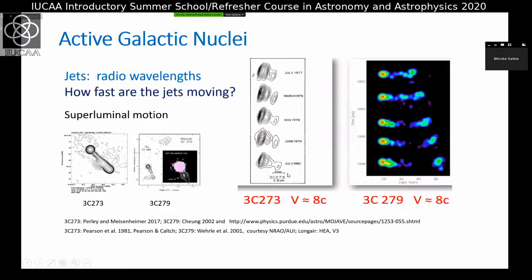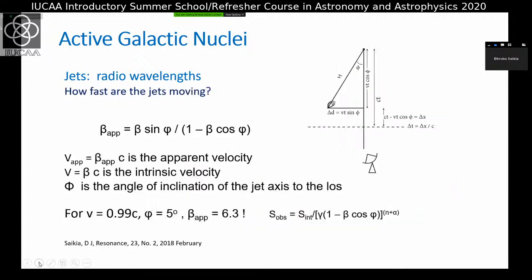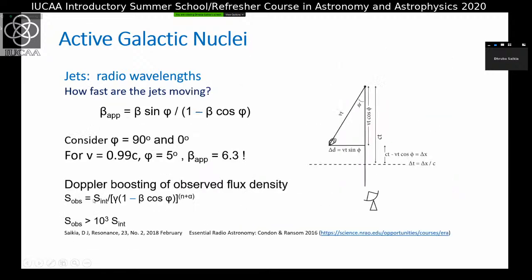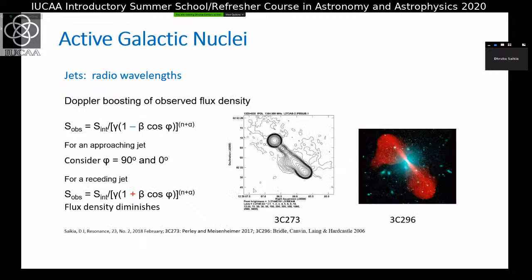So when you measure superluminal motion, you usually have cores which are reasonably prominent, and that is because of the enhancement of the observed flux density of the nuclear jets, which we saw in the case of NGC 6251, when the source is inclined at a small angle to the line of sight towards you. Okay.